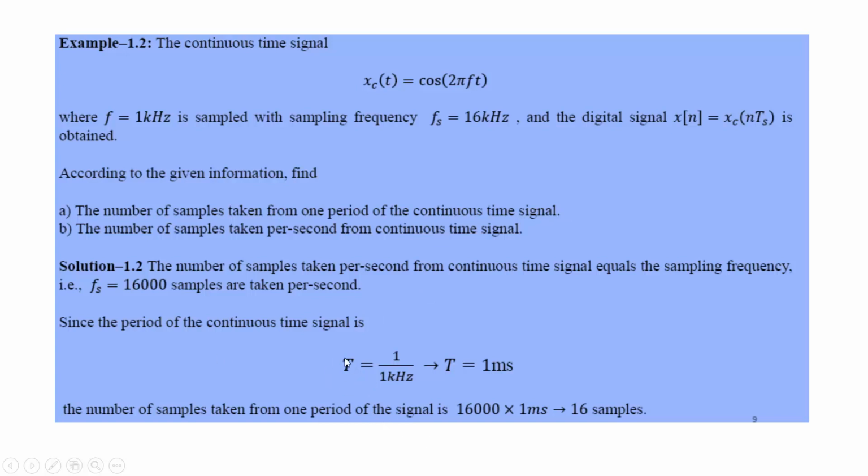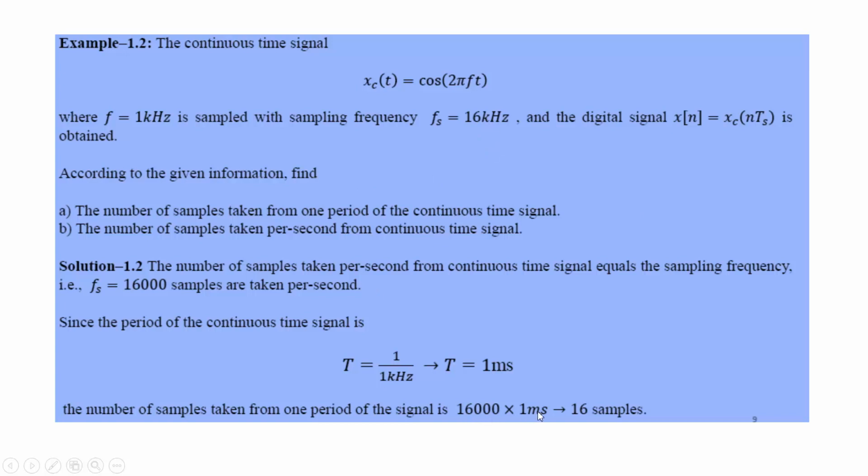The period T is the reciprocal of the frequency of the signal, which is given as 1 kilohertz, so 1 millisecond will be the time period. And the sampling frequency given is 16 kilohertz.